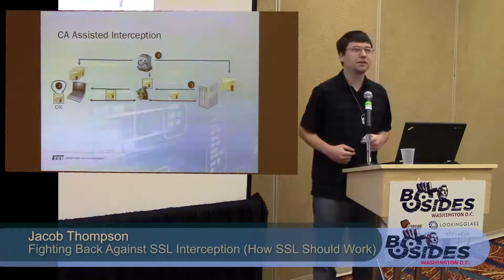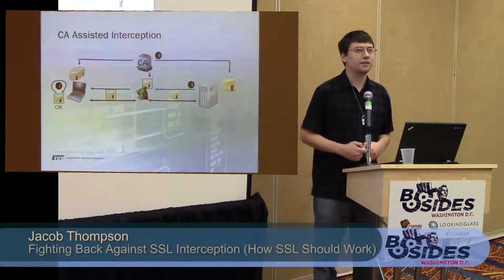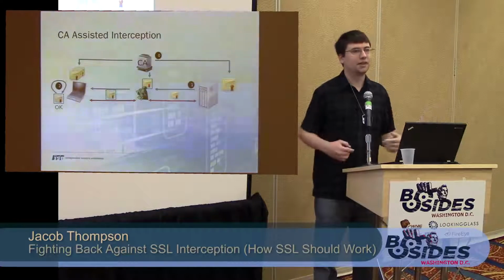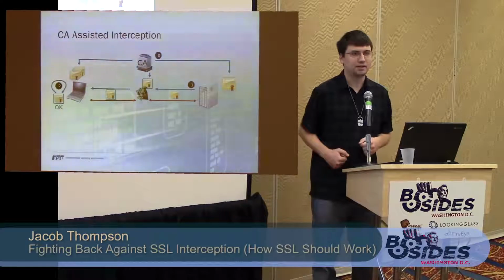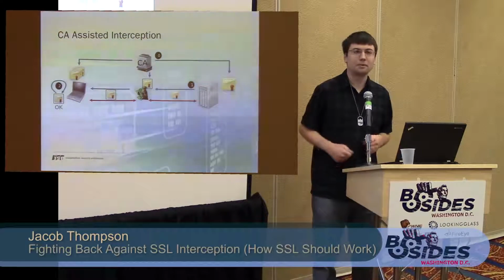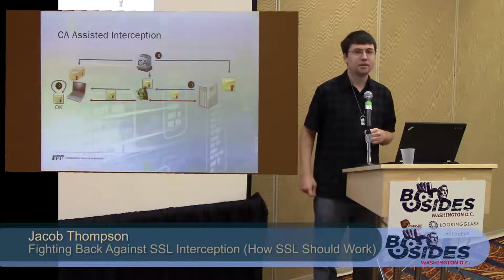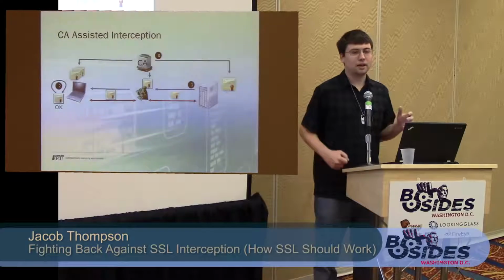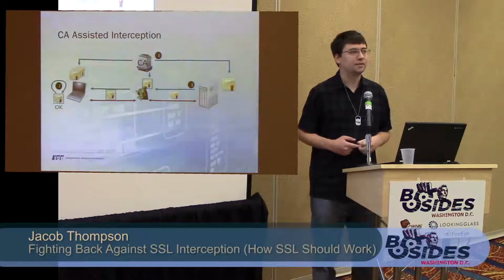Rather than what I just showed you, increasingly this is starting to be the case, where a certificate authority lends its trust out to some entity for the purpose of performing SSL interception. This could happen with or without the certificate authority's cooperation. What a large company can have is what's called a sub-CA.